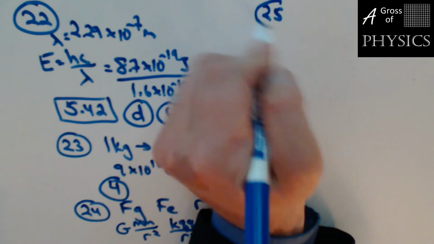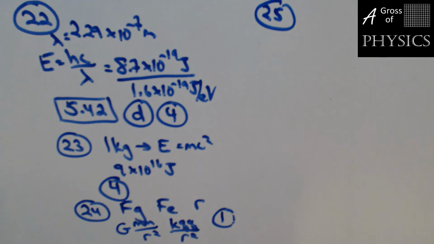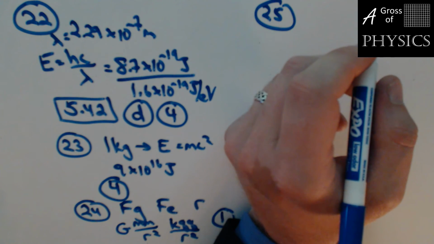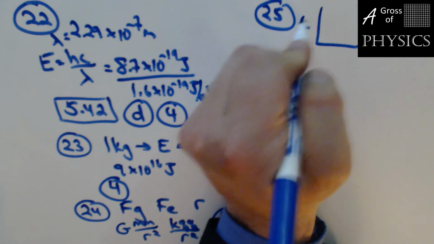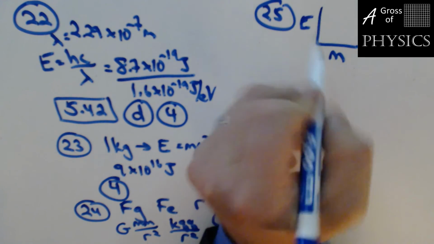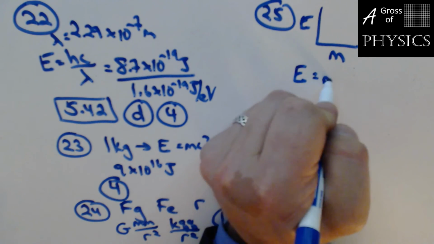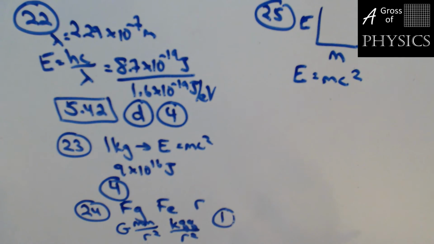All right, 25. What graph represents the relation between energy and mass when converted to energy? Well, energy, mass. E equals mc squared.